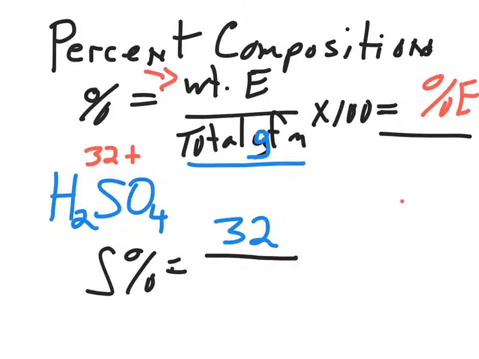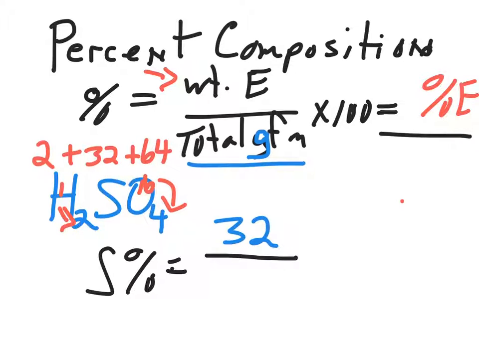Okay, so how much does hydrogen weigh? 1. And I have 2 of them. So 1 times 2 is 2. Oxygen weighs how much? 16. And I have 4 of them. So 16 times 4? 64, very good.